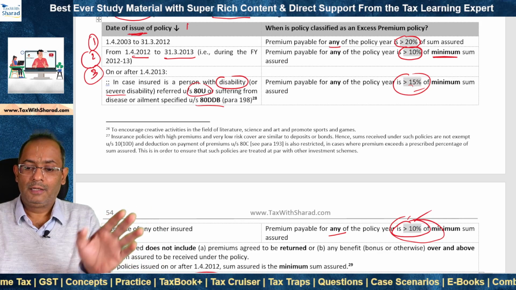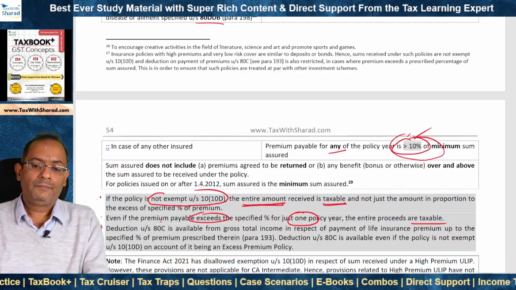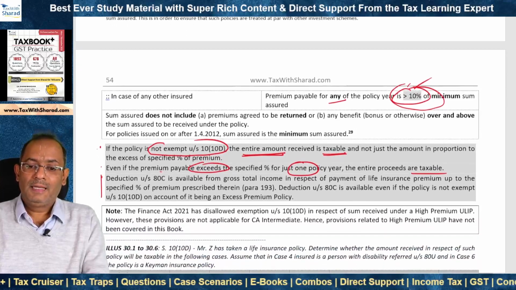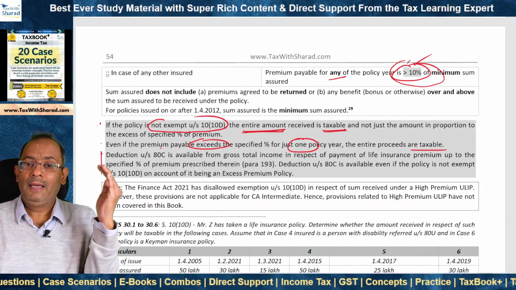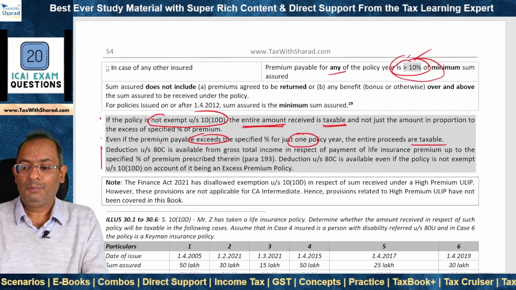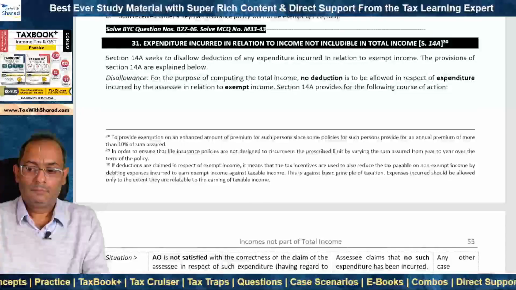The excess is ignored, and deduction under section 80C is allowed. However, in such case, exemption under section 10(10D) is not at all allowed. The entire sum becomes taxable because the policy is then classified as an excess premium policy.